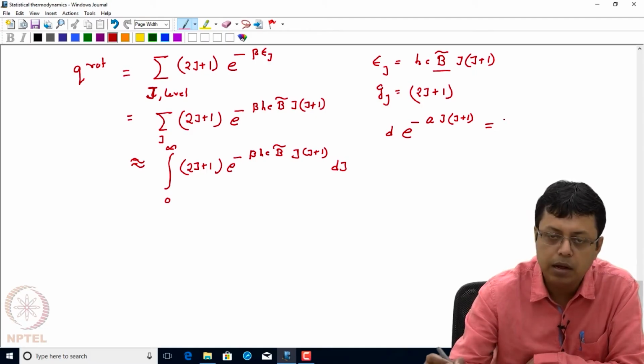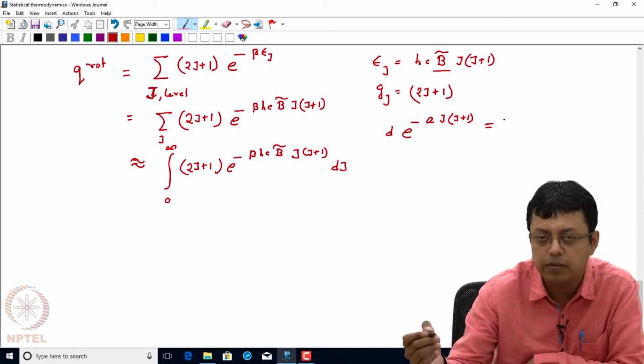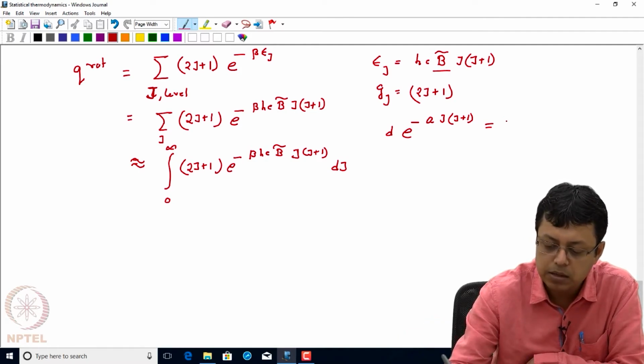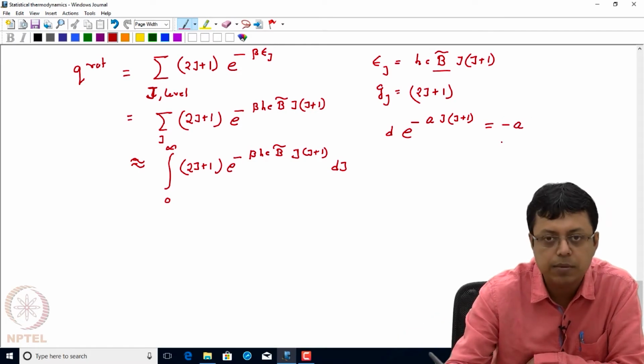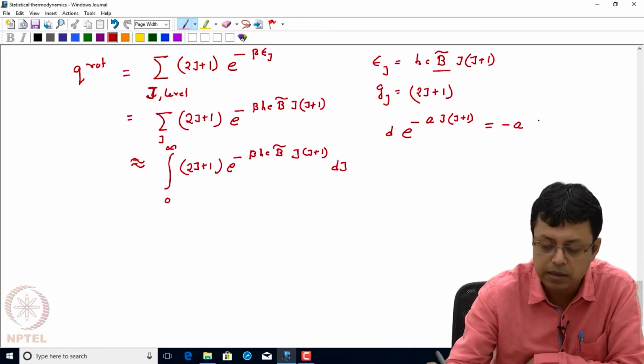It will be minus a e to the power minus a f of x times the differential of f of x. Together what we get is minus a. Now J(J+1) is J squared plus J. If I take the derivative, it will be nothing but (2J+1) times e to the power minus a J(J+1).